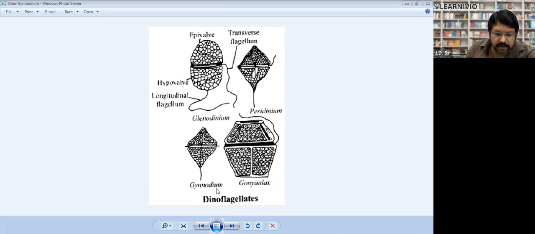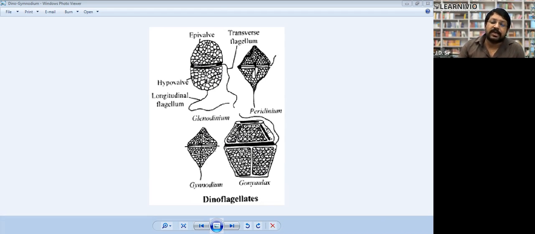You will find this is Gymnodinium and this is Gonyaulax, and the other two are also Dinoflagellates. Their body has a certain design or pattern, like sculpture, right? They have a plate-like structure. That's why we also call them armored Dinoflagellates.